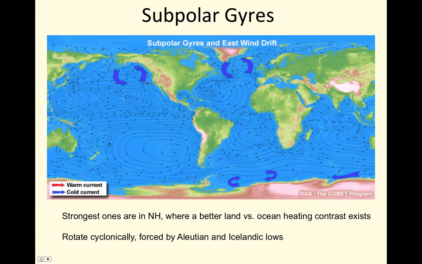The strongest subpolar lows exist where there is warm water, relatively warm, next to land surfaces in the northern hemisphere. So if you look at the winds spiraling around this, you'll find that the Ekman transport is actually going to be to the right of that wind motion or out of the subpolar gyres. So these subpolar gyres, based on the winds wrapping around them cyclonically, are forcing surface water out from that area.